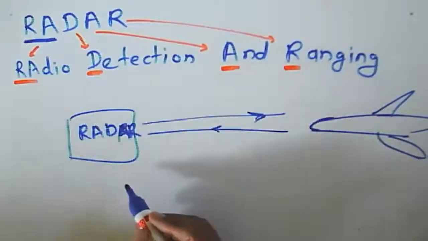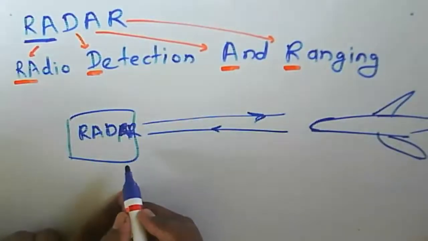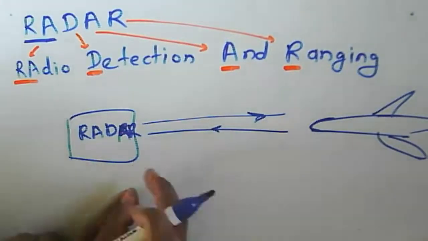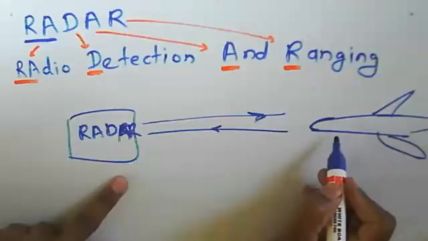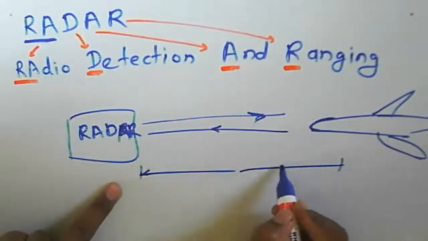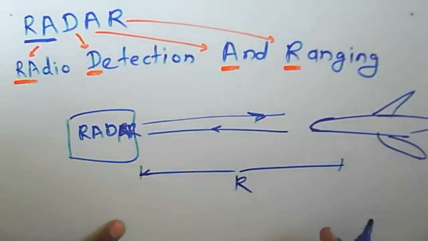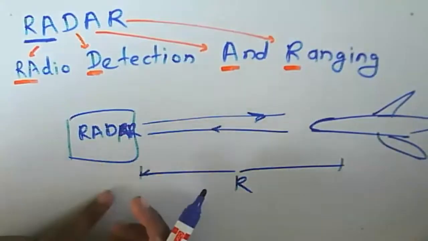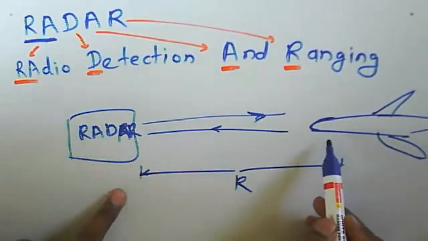Then the role of the radar is to find out the distance from the radar to the object. So our aim is to find out the range, or the distance from the transmitter to the object.